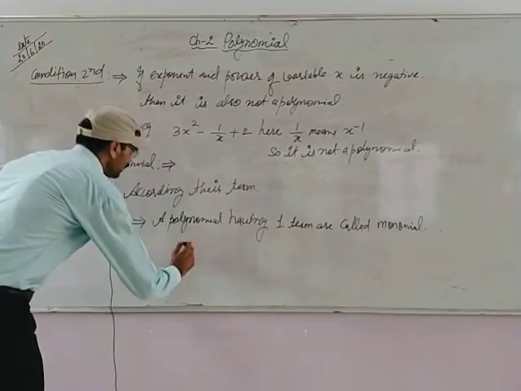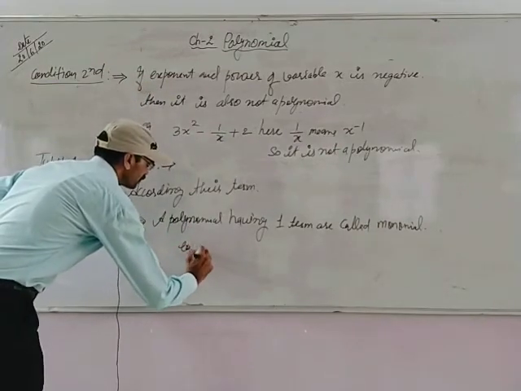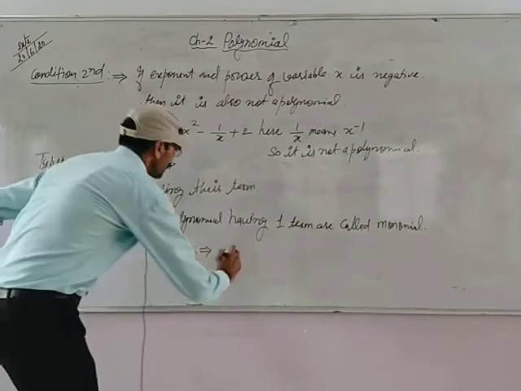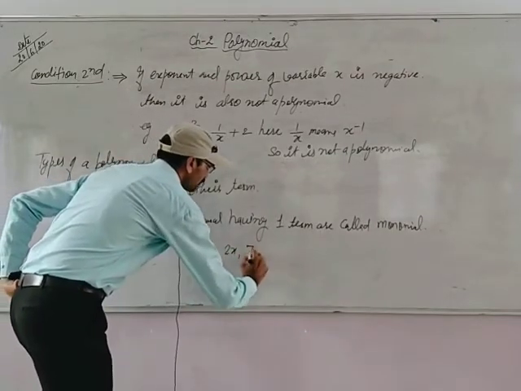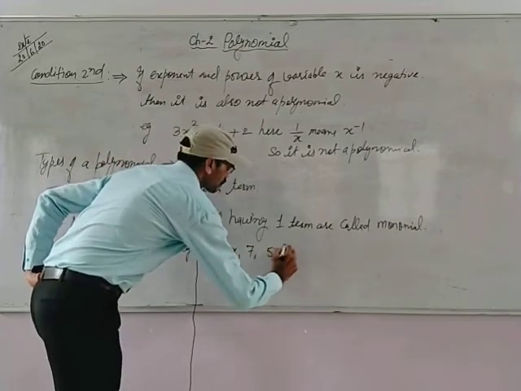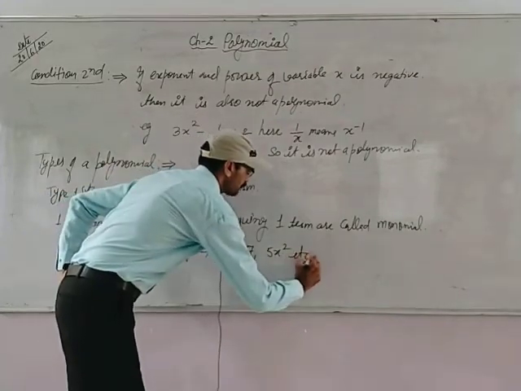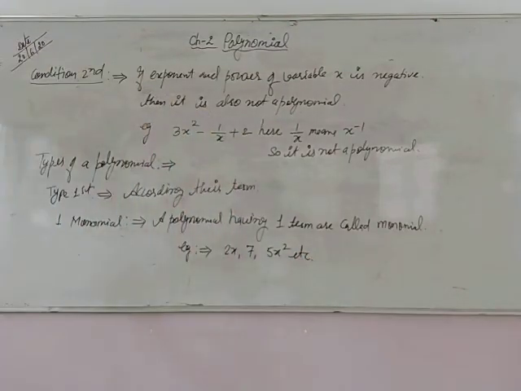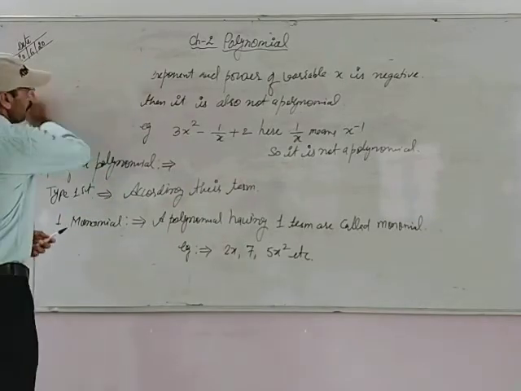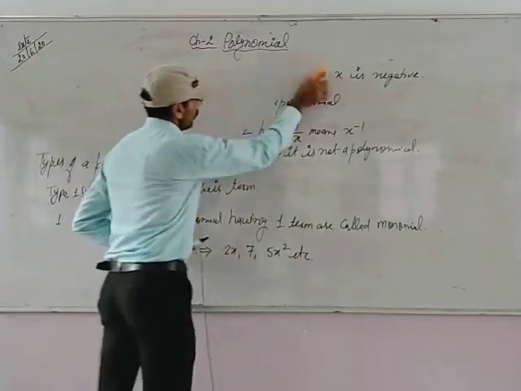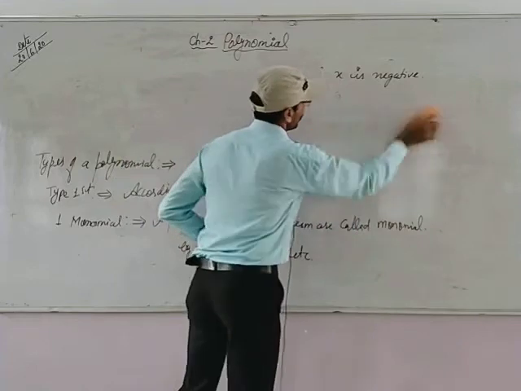Here its examples are 2x, 7, 5x square, etc. Now second is the binomial.